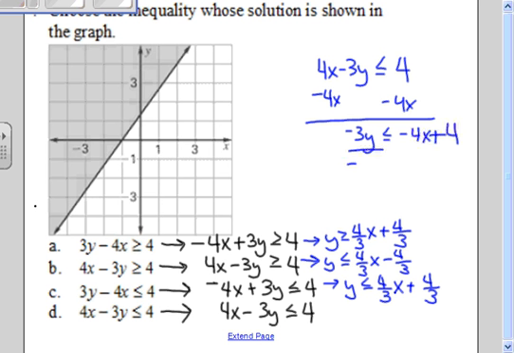Here's another one, dividing by a negative. So you flip it.